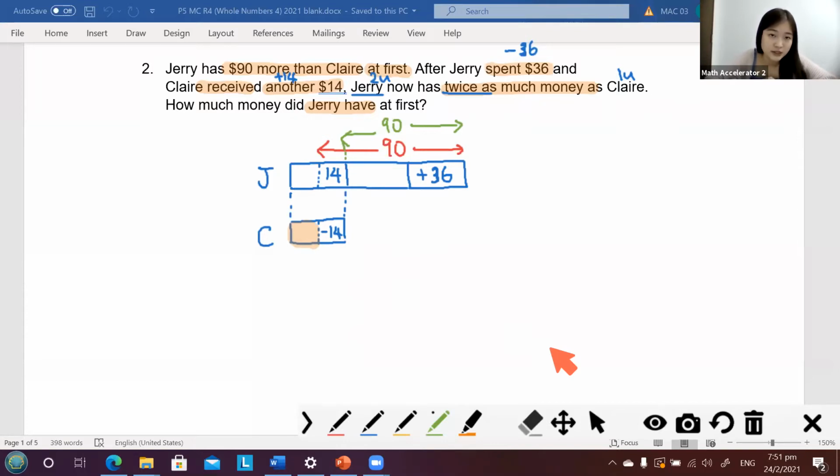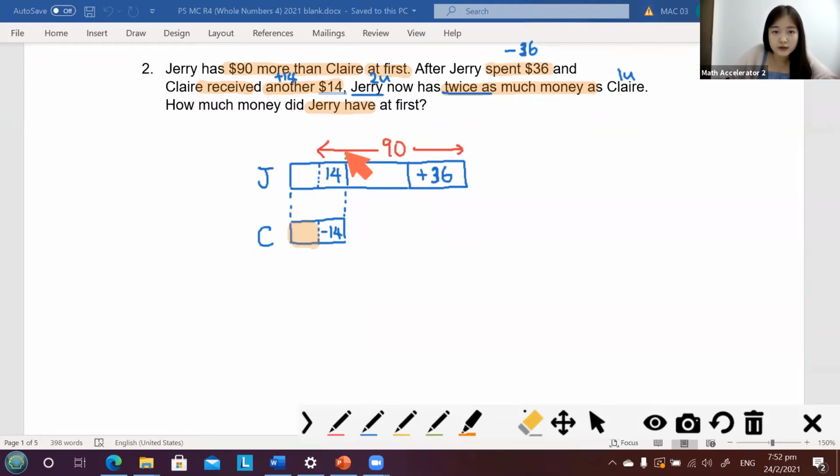Where should you label the 90, red or green? Take note, Claire right now is the highlighted part. This is how much she had at the start. And Jerry is 90 more than her at the start. Good. Majority of you chose red. It has to be red here.